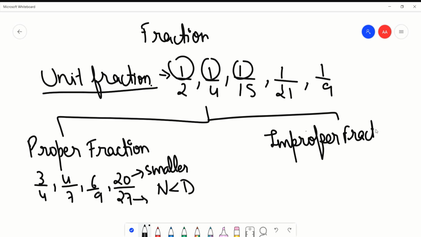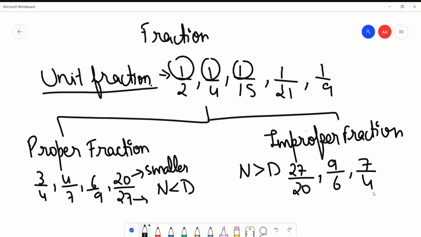Improper fractions are those fractions whose numerator is greater than or equal to the denominator. Proper fractions are those in which the numerator is smaller than the denominator. Here the numerator is larger than the denominator. For example, 27 by 20, 9 by 6, 7 by 4, 4 by 3. Here you can see that this is exactly opposite.